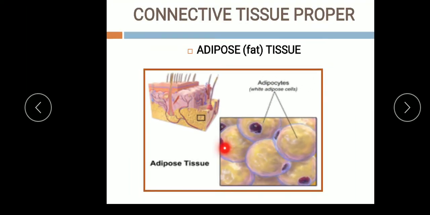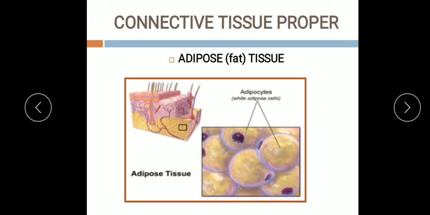The fat stored in adipose tissue acts as insulation. Insulation means it does not allow the body heat to escape, so it retains the body heat and body temperature also. So this is adipose tissue.